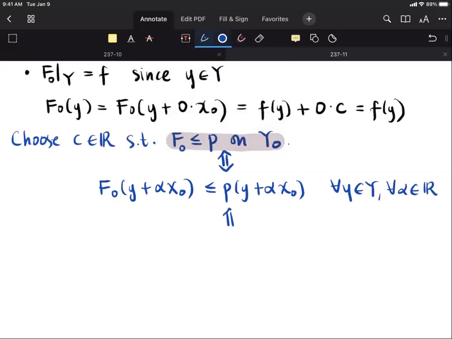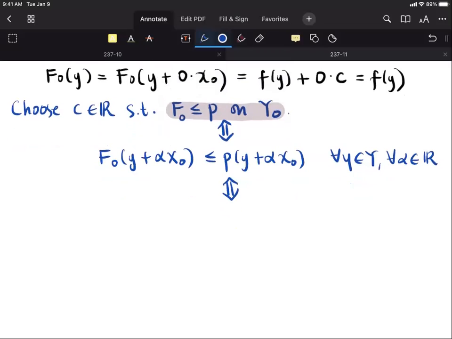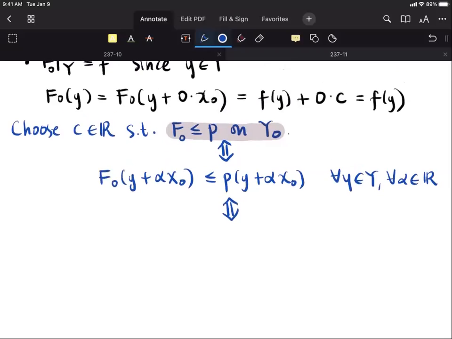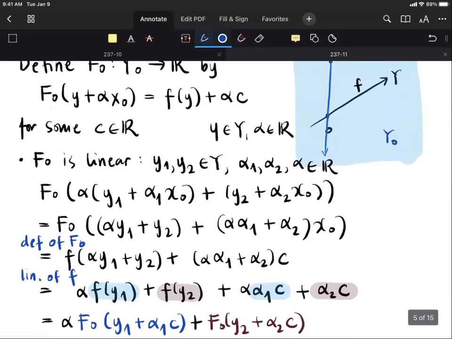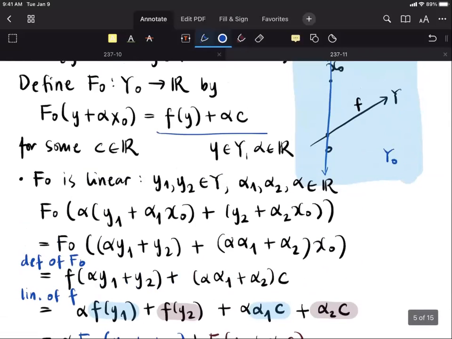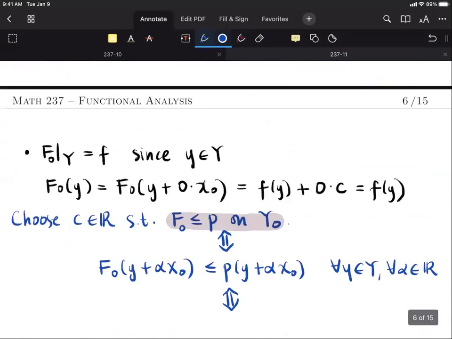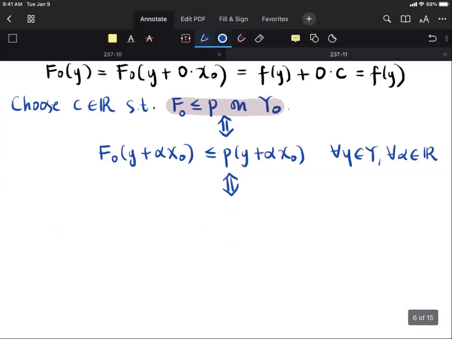And in turn, this is equivalent to, using the definition of f naught, and putting this on the other side, we have the following: alpha c is less than or equal to p of y plus alpha x naught minus f of y.